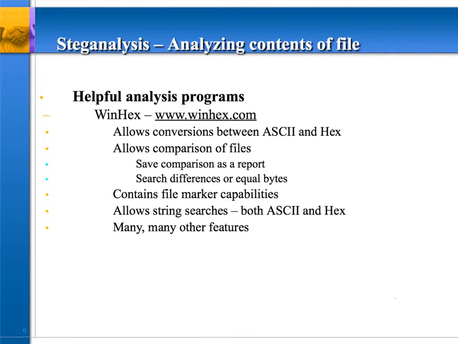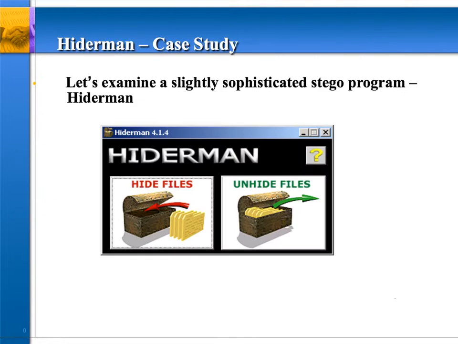So here's a popular analysis program, WinHex. It just shows you the hexadecimal version of all the file contents. Hiderman is actually used specifically to hide and unhide files. It's a little different than the one we're going to use tonight, but does the same exact thing.